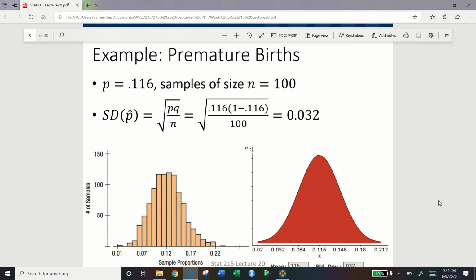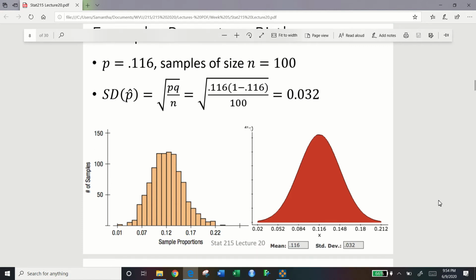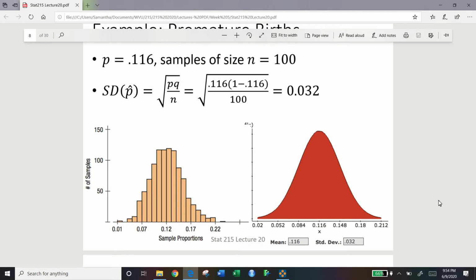So we are given that p equals 0.116 and a sample size of 100. This means the standard deviation of p hat is equal to the square root of pq over n, which would equal the square root of 0.116 multiplied by 1 minus 0.116 divided by 100, which would equal 0.032. So again, this would mean for our sample proportion, we have a mean of 0.116 and a standard deviation of 0.032.